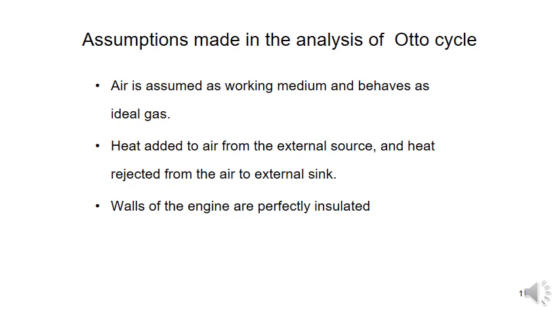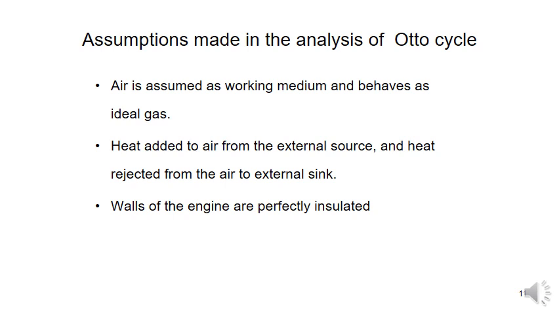Air is assumed as a working medium and behaves as an ideal gas. Heat is added to the air from the external source and heat is rejected from the air to the external sink. We also observe that the walls of the engine are perfectly insulated, because three conditions are there for reversibility. We have to maintain it because the process is a cyclic process and it is a reversible process. For the reversible process, what are the three conditions we studied in the first class?